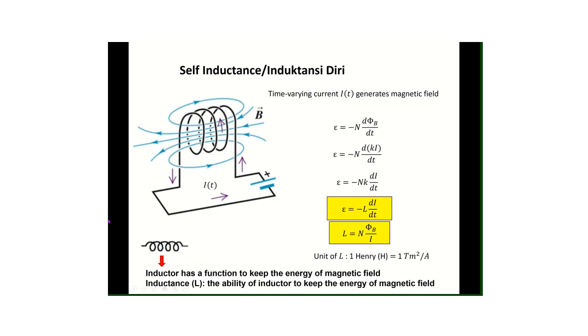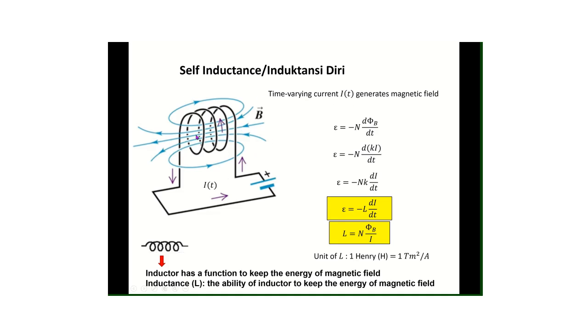The second type of inductance is self-inductance. In this case, let's say we have a solenoid connected to a source of voltage, and there is a current passing through the loop, and the current changes by time.